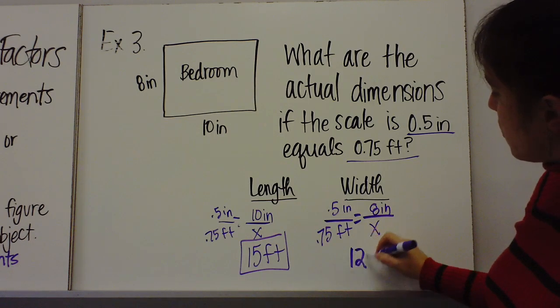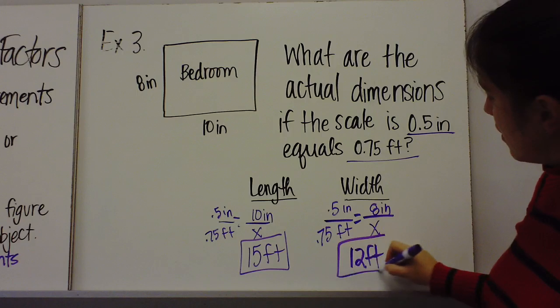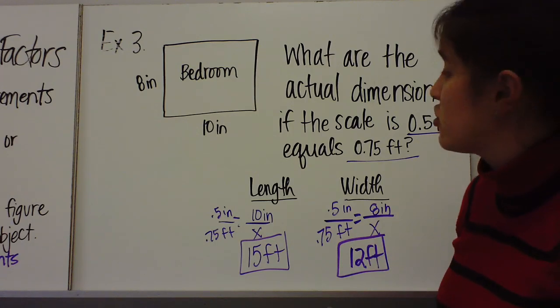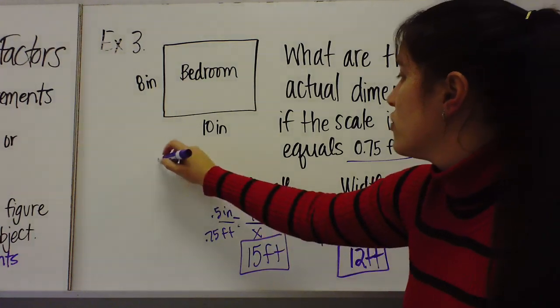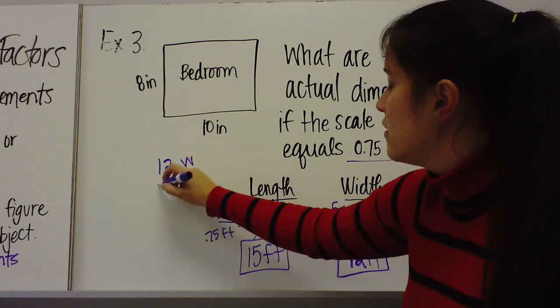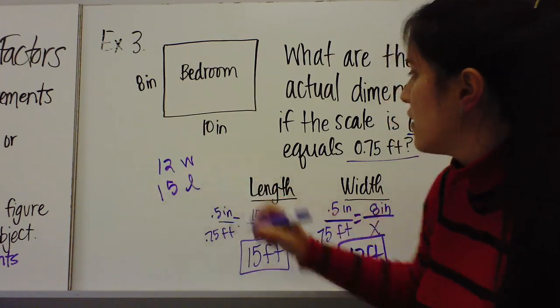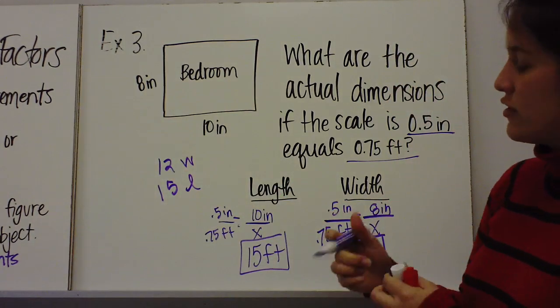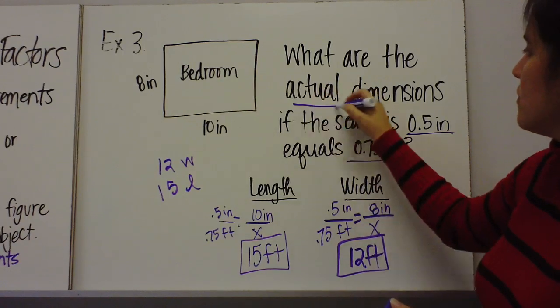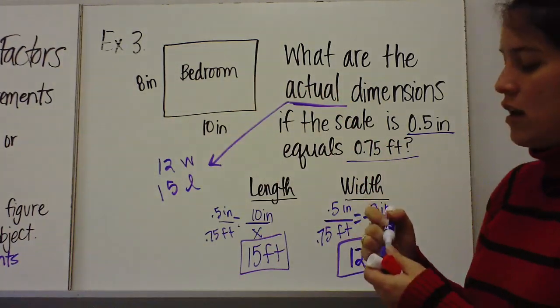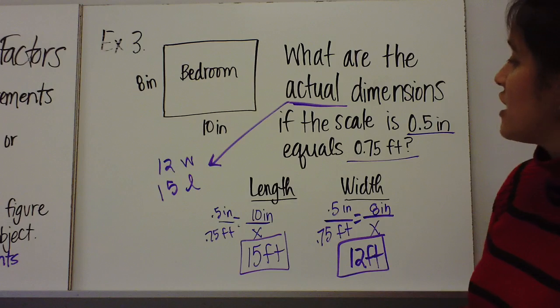And this would be 12 feet. So the new dimensions are 12 feet wide and 15 length. So those are the actual dimensions of that bedroom, 12 by 15.